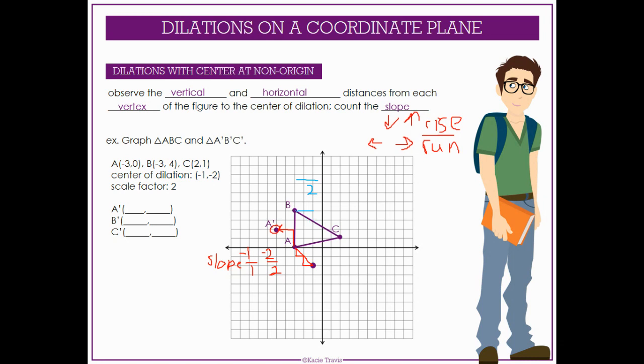Now, what about our rise? Our rise, we're going from 4 down to -2. 4 to -2 is going to give us 6. So our slope here is 3 over 1.